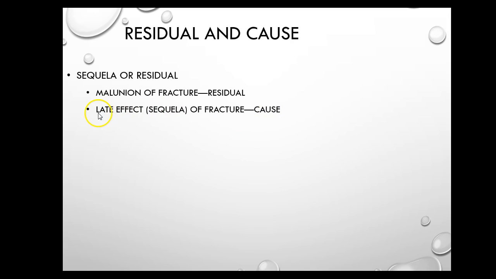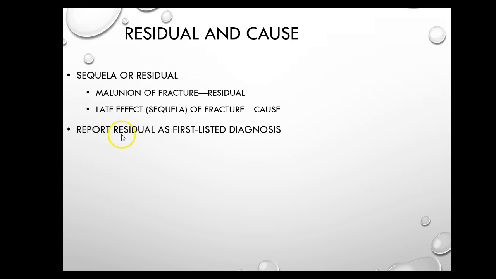So if you see the term late effect that you need to code in a scenario, you would not locate that in the alpha index. You would be referenced to the word sequela. Sequela then becomes your main term. And then in this case, we have sequela of a fracture.